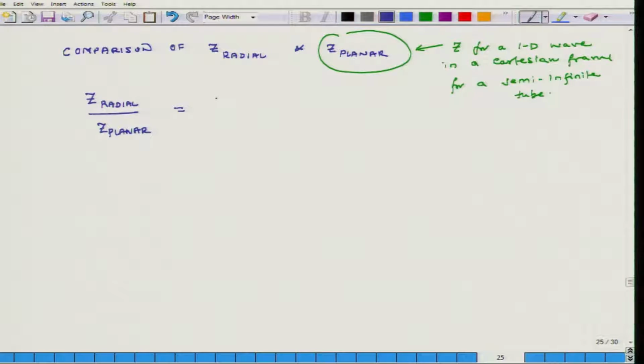Z radial is j omega r divided by c plus j omega r, into Z naught, and Z planar is Z naught. So, this Z naught cancels out.